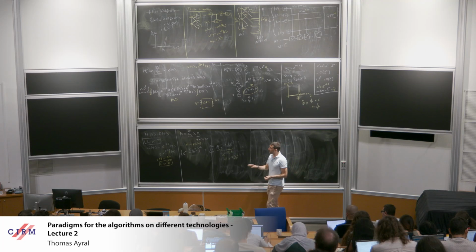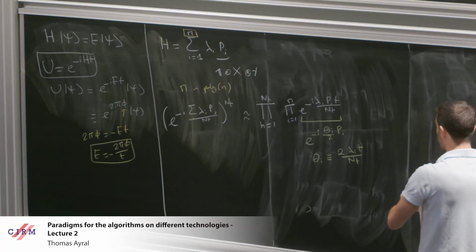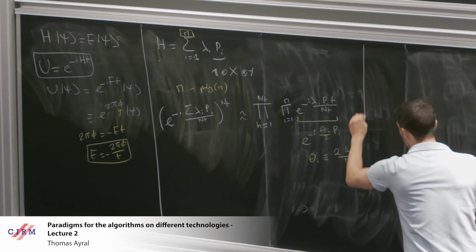So now I've decomposed my time evolution into a product of terms which look like that. And my claim here is that an exponential of a Pauli term is easy to represent as a quantum circuit. I can take one example, maybe two examples.